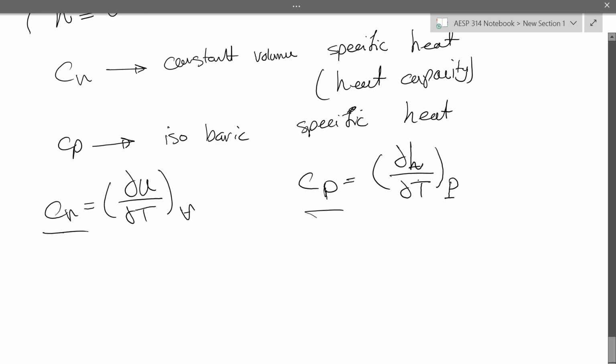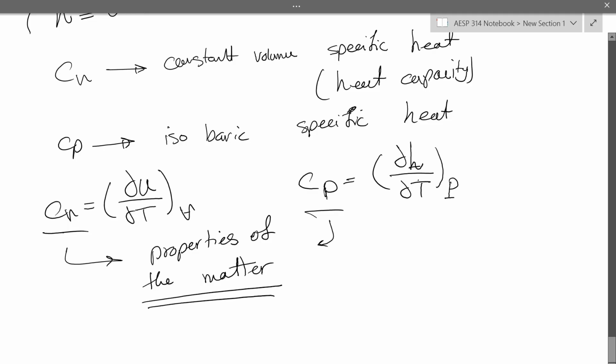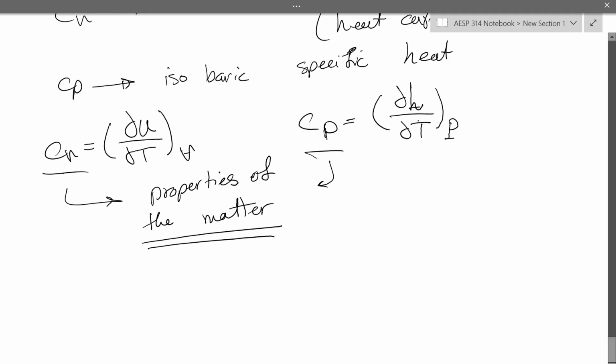And these are properties of the matter. For example, air has its own specific heat, constant volume and isobaric specific heat. Same is true for water, any other material. These are properties of the matter. Okay?